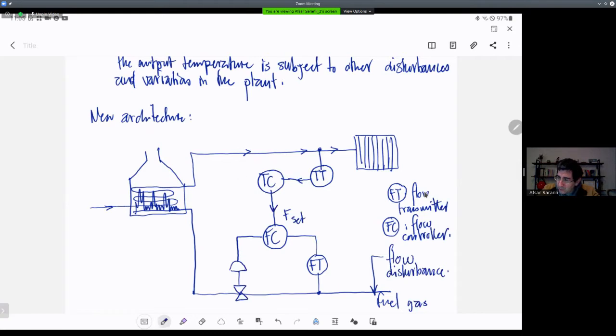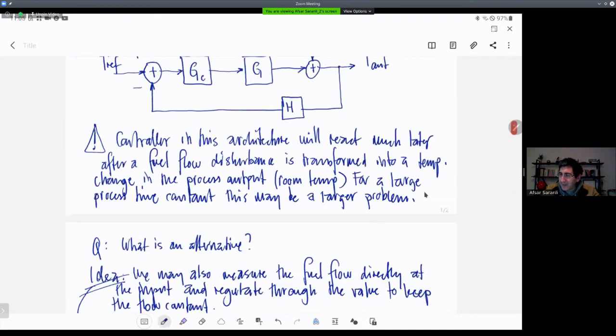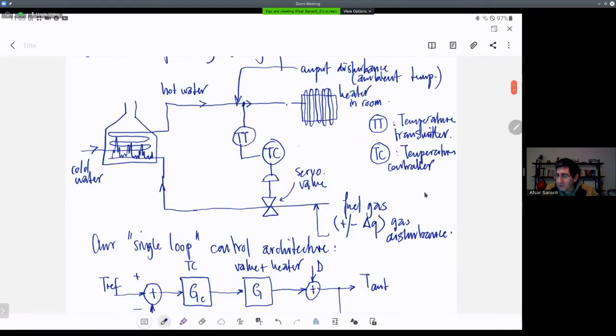The temperature controller would also have a set point. By the way, I am trying to remember whether I have indicated the set point for the temperature controller here. Note, we have a T set point here, the set point for the temperature controller. In our classical block diagram this was T ref, the reference temperature.